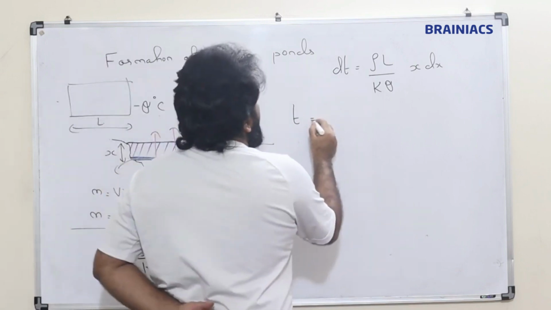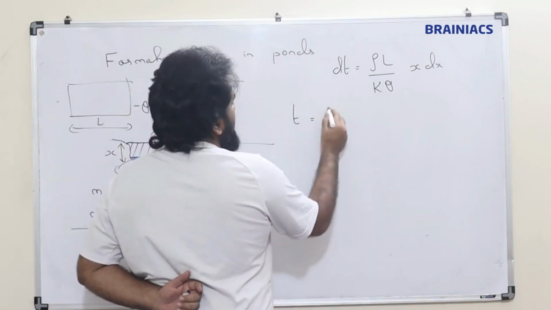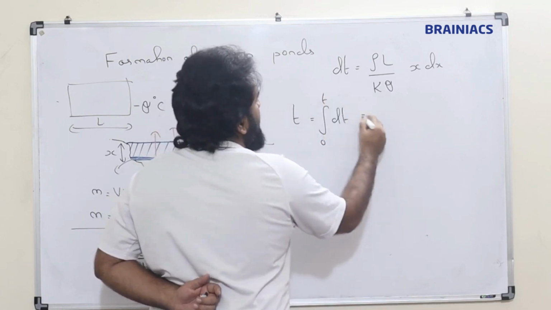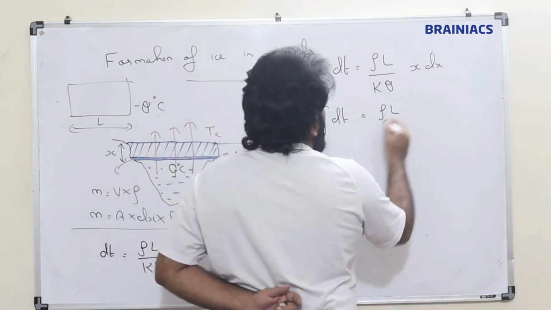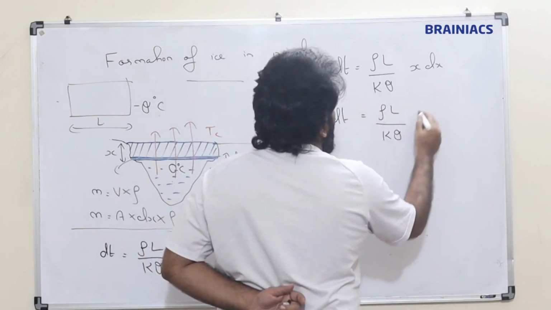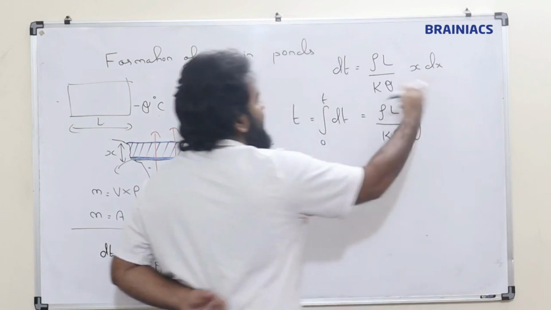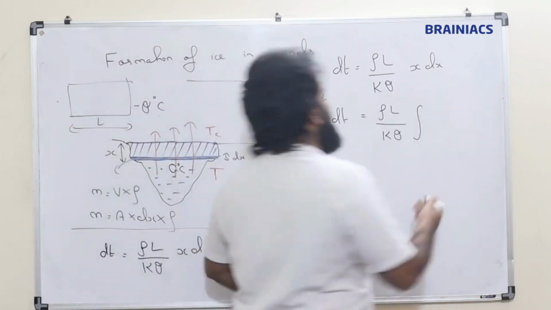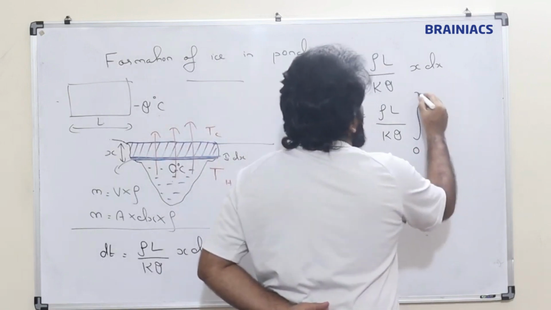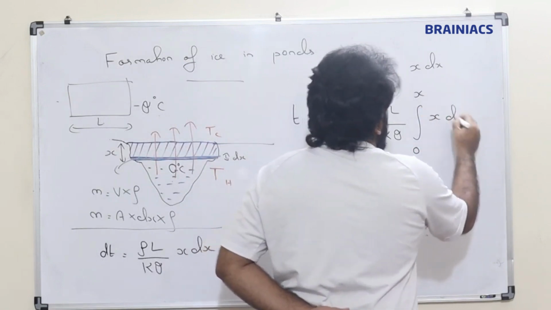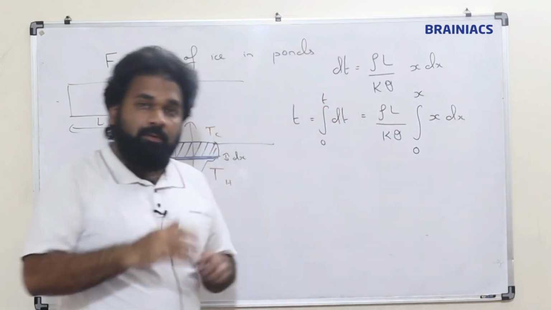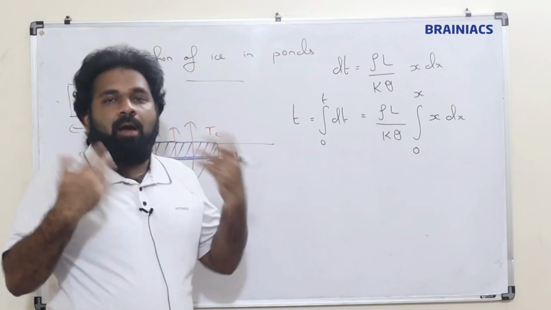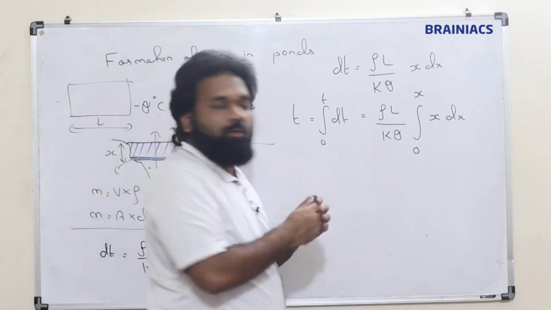So t is equal to integral dt from 0 to t, equal to rho L divided by k theta, integral from what thickness to what thickness? Say from 0 to x. Suppose the thickness is 0, then to make a thickness of x, how much time will it take? That is what we are going to find.